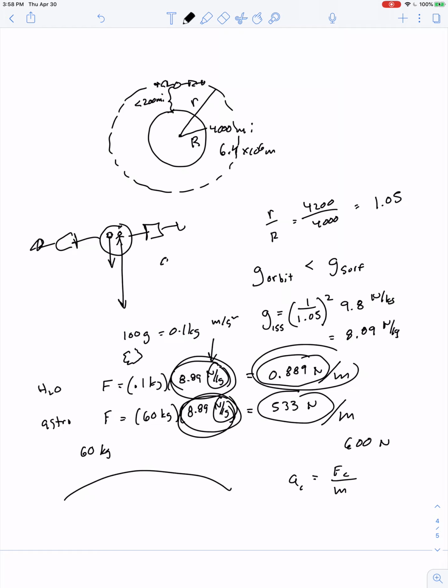They're all accelerating at 8.89 meters per second squared centripetally. And whenever you share the same acceleration as your surroundings, you lose contact with your surroundings, and so you have an apparent sense of weightlessness.